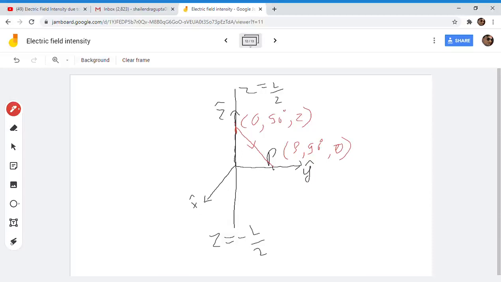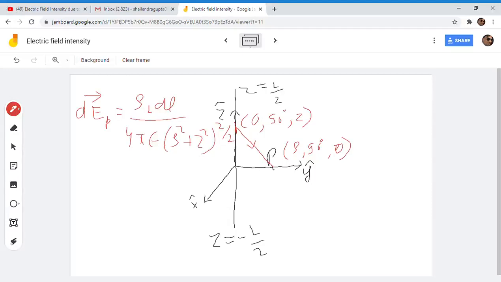Okay, so we need to do the same thing, and we will reach a point where we can write the differential electric field at point P. So now we can write here the charge itself, so this is rho L dl divided by 4 pi epsilon, rho square plus z square under root whole square.